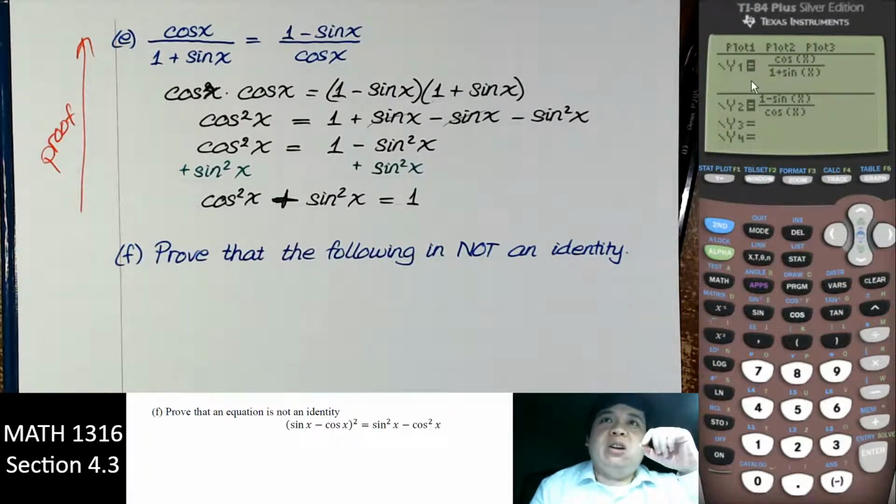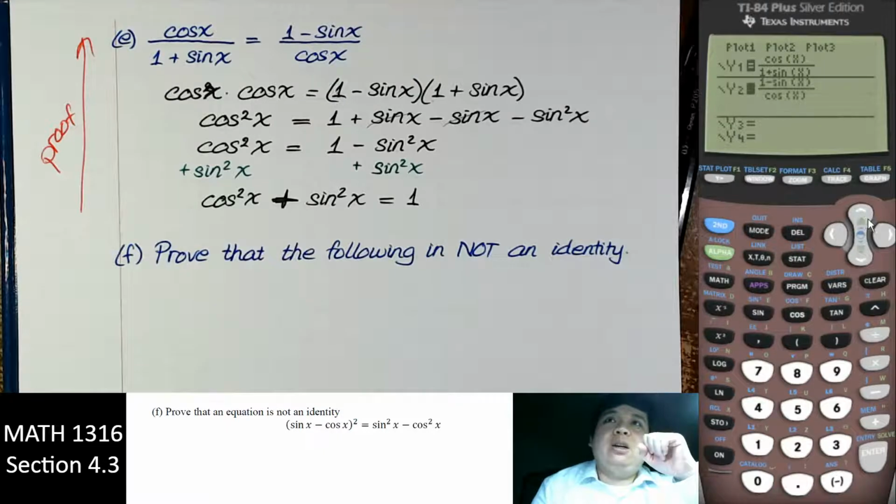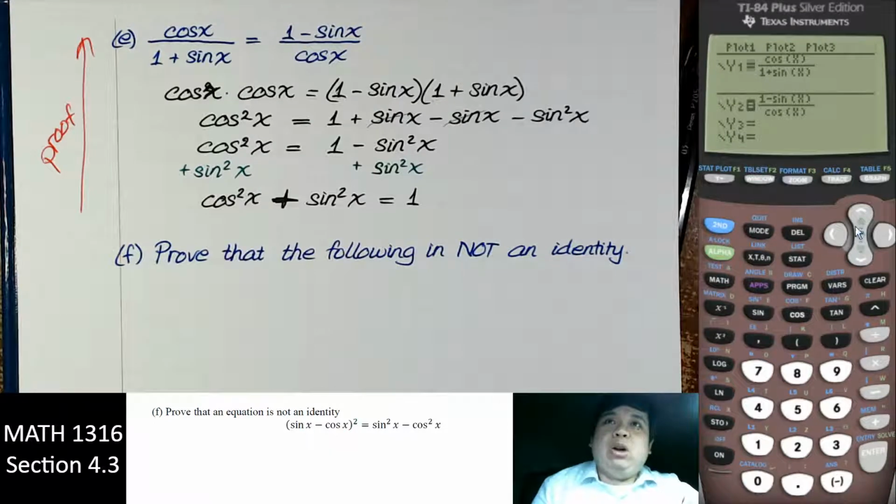When the switch is on, it will graph, and when it's the equal sign, it's off. If we don't want to graph it, just turn that to equal sign. Highlight it, hit enter, and now it turns to equal sign. The graph will not graph it. So if we want to graph it, it has to be like a switch.